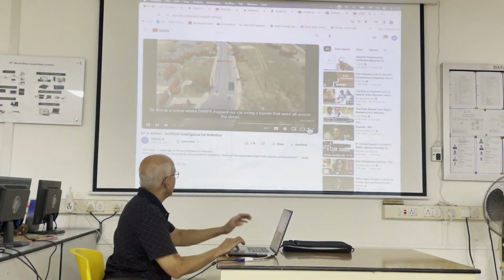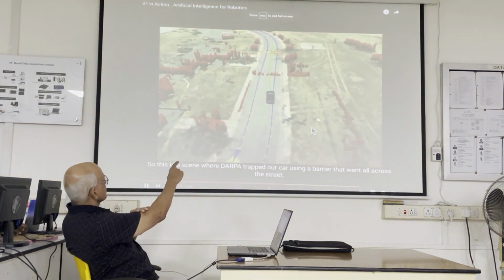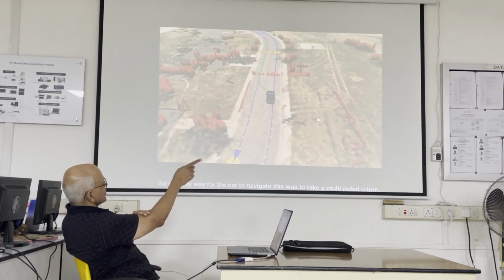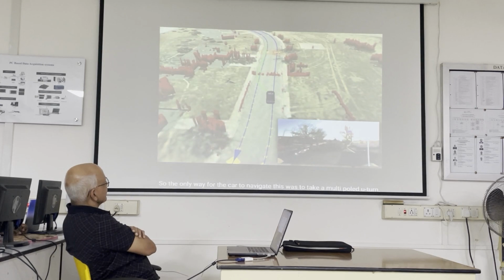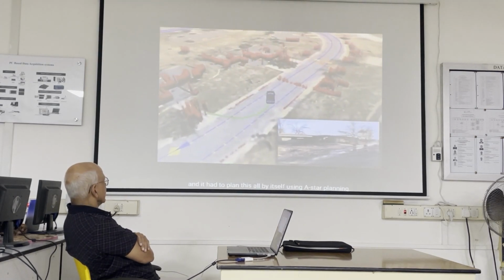So this is a scene where DARPA blocked our car using a barrier that went all across the street. So the only way for the car to navigate this was to take a multi-point U-turn, and it had to plan this all by itself using A-star planning.